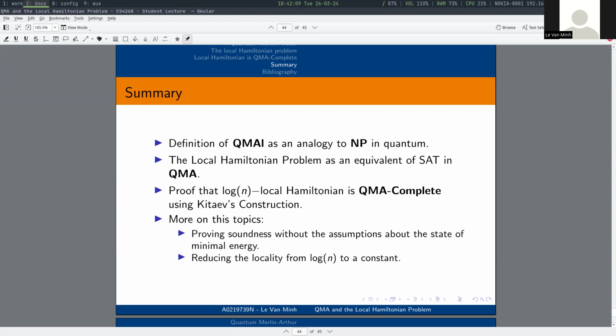Following on this topic, we can continue to prove the soundness without the assumption about the state of minimal energy and conclude that it's still possible to find a and b with a polynomially small gap between them. And we can continue to reduce the locality from log n to a constant.